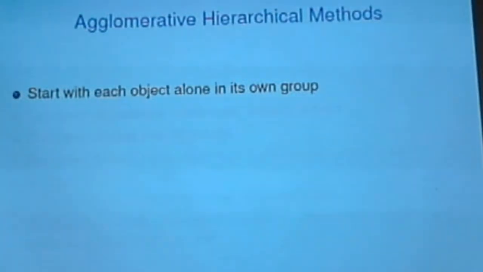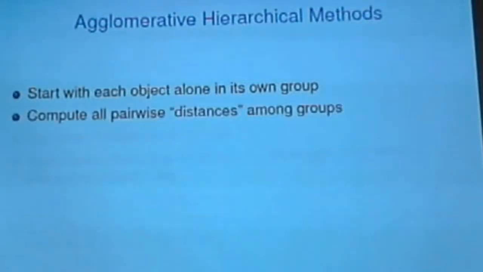This is bottom-up, building from single observations up to one single group. So you compute all pairwise distances. Here it requires some kind of distance measure. After this slide, I'm going to jump to that in the next class. So compute all pairwise distances among groups.